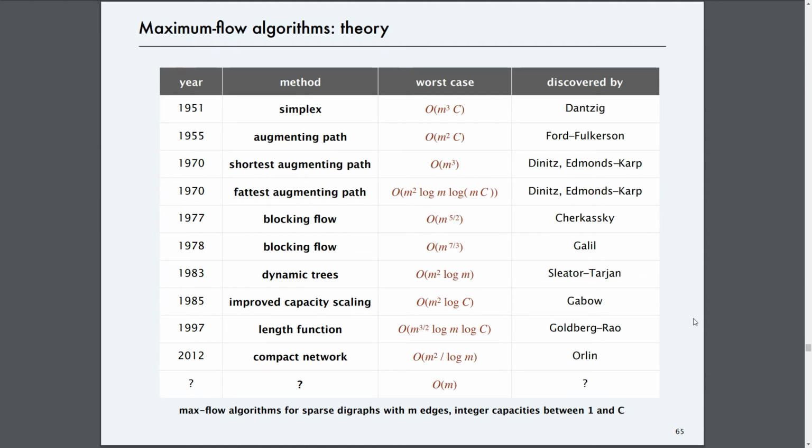Then we have other algorithms. The first method was just to use simplex, like linear programming, to try all the values. We have some algorithm which uses a method known as a length function, which has a pretty good time complexity, and then quite recently something called a compact network by Orlin.